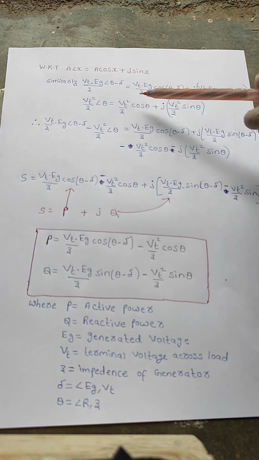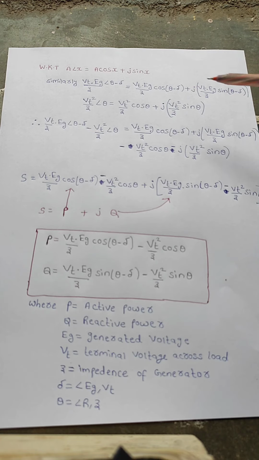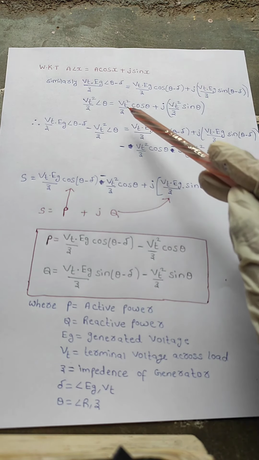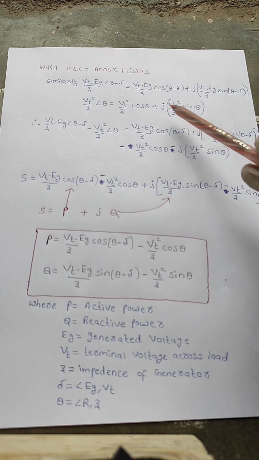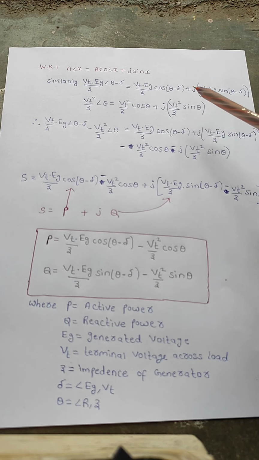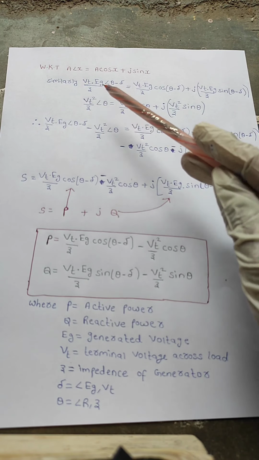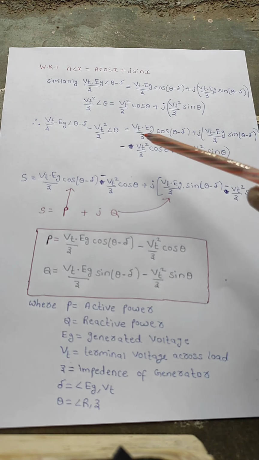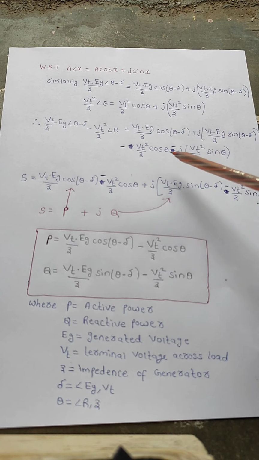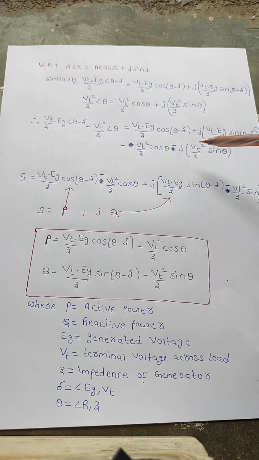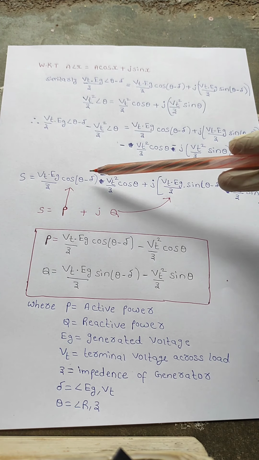If we expand, we will get this equation. Similarly, Vt square by z into angle theta can be written as Vt square by z into cos theta plus j into Vt square by z into sin theta. This is Euler's identity. So if I add these, I get this big equation. Now if we rearrange the whole equation, we will get this equation.